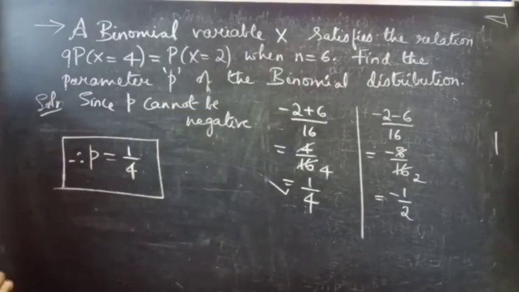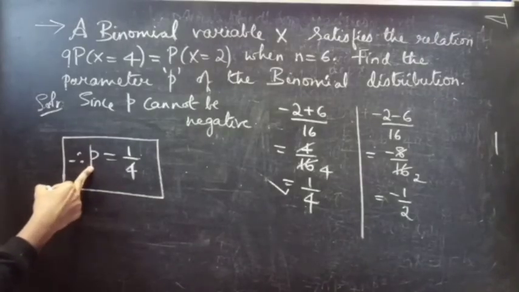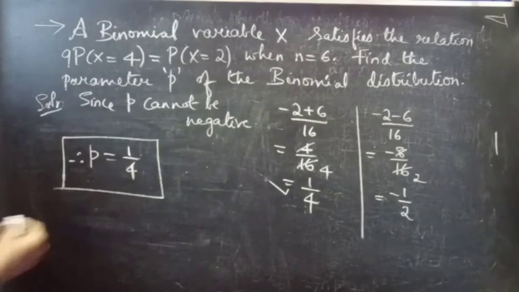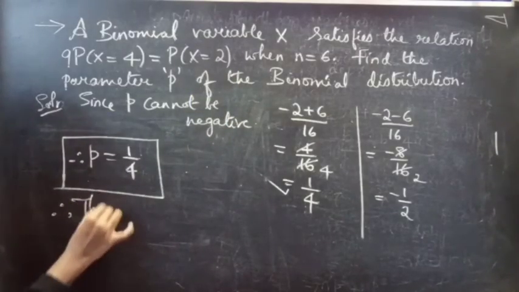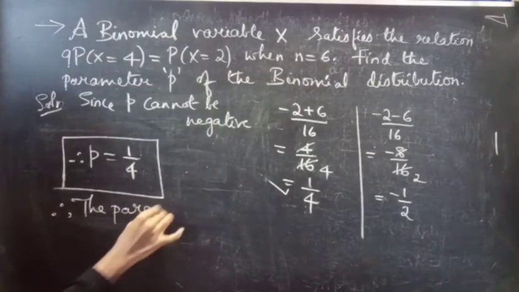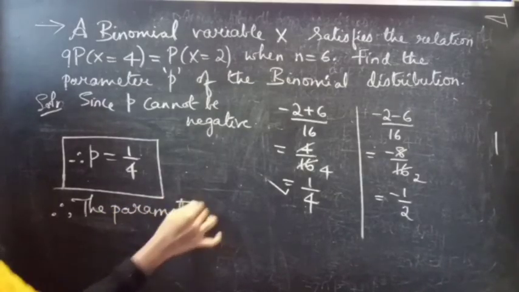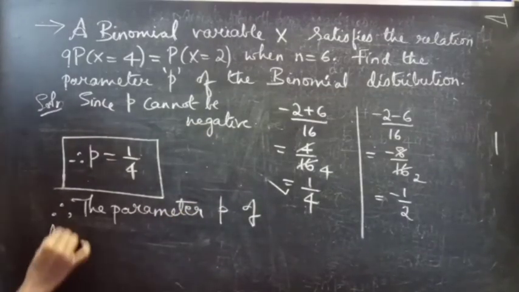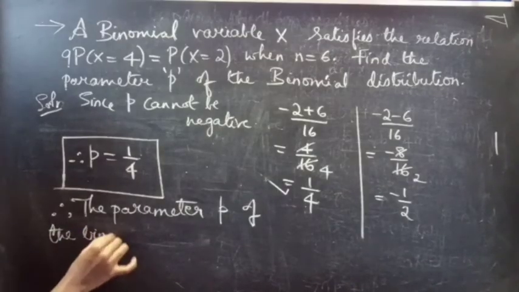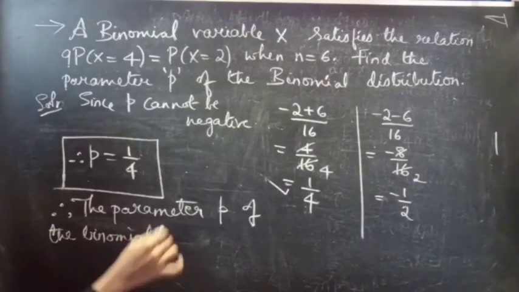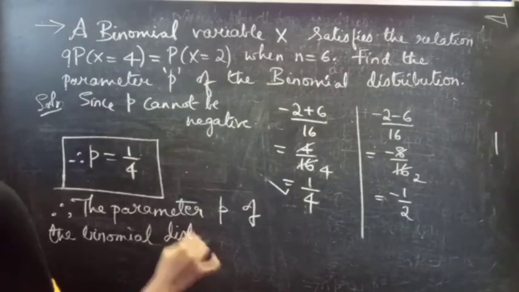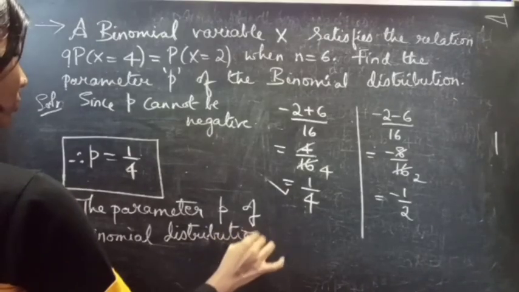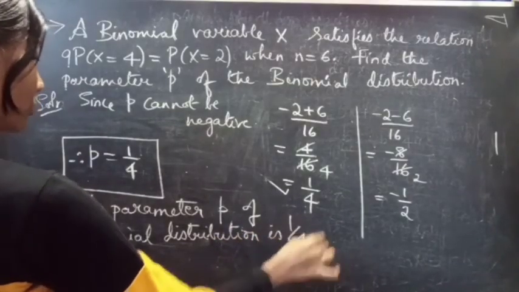So here p is a parameter of the binomial distribution. Therefore, the parameter p of the binomial distribution is 1 by 4.